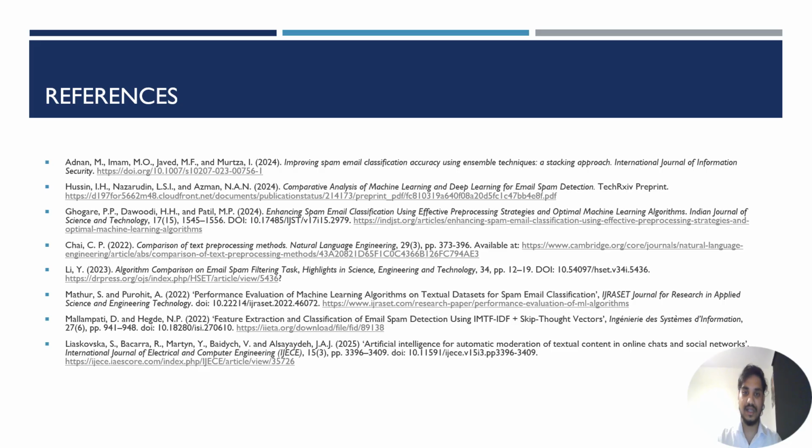References such as Adnan and Hussein offer contemporary insights into algorithm performance, where studies like Gograge and Lee provided comparative evidence across models, ensuring reliability. I also included methodological papers like Mathur, Malampati and Hegde to strengthen justifications for TF-IDF and evaluation metrics.